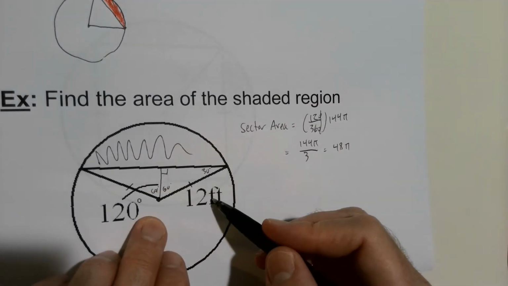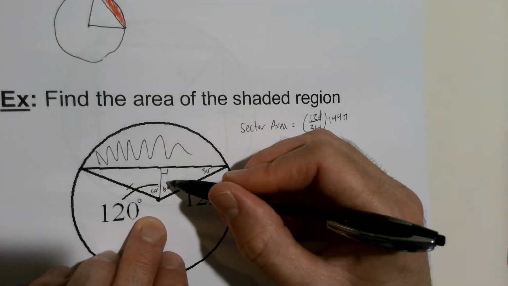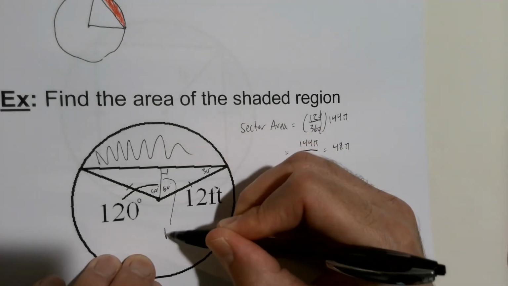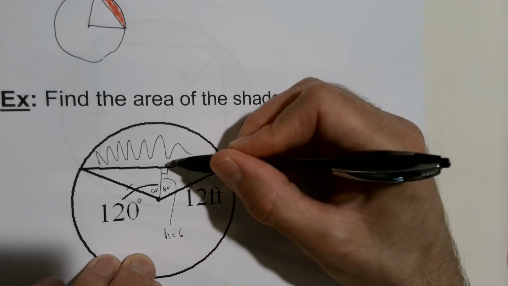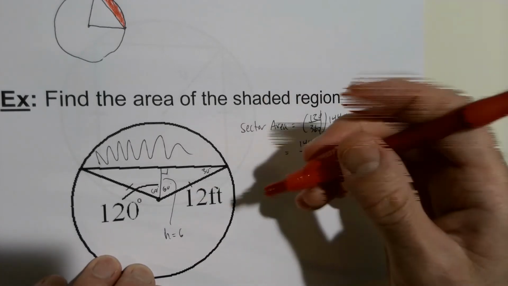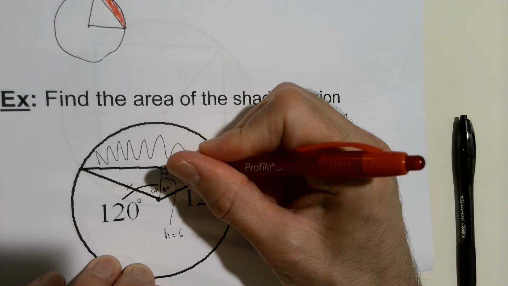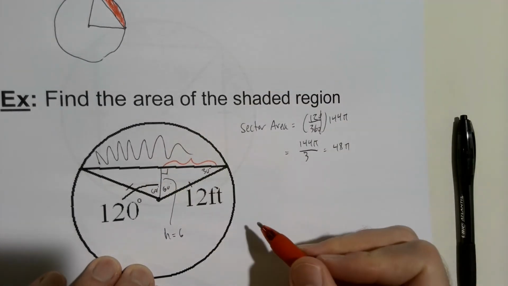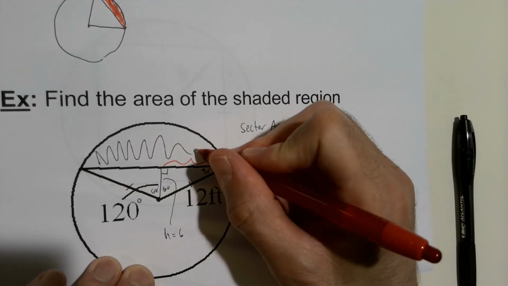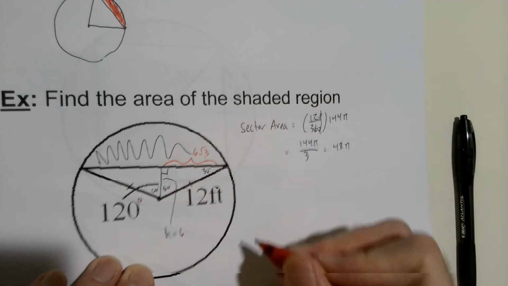Your hypotenuse is 12, so that means that the height of this triangle is going to be half of that, and then this little portion right here is short leg times square root of 3, so that'll be 6 square root 3.